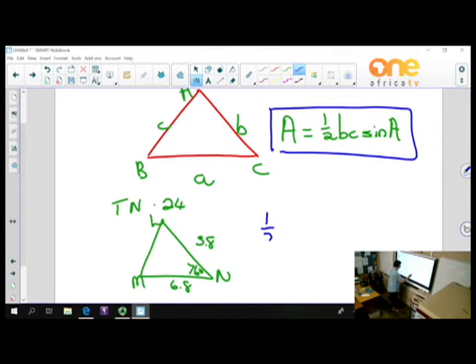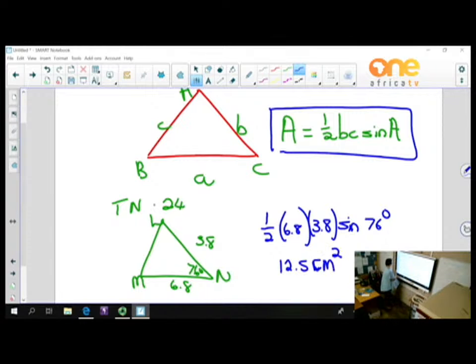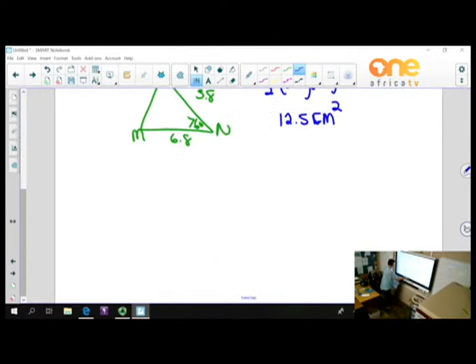So it will be a half of 6.8 times 3.8 and then sine 76 degrees. You can just press your calculator, 0.5 times 6.8 times 3.8 sine 76. And I have 12.5 square centimeters on that one. Once we know the formula, it is very easy to do this.